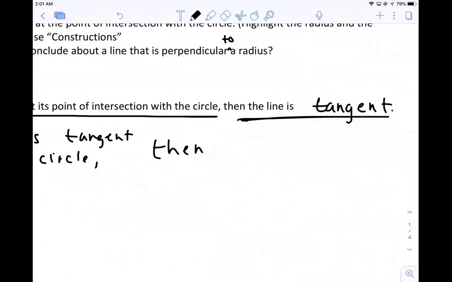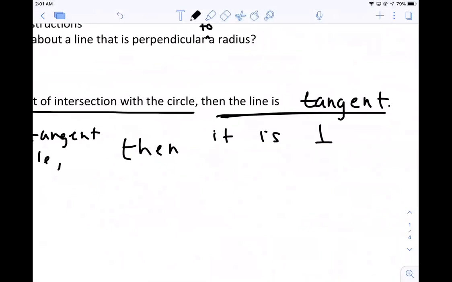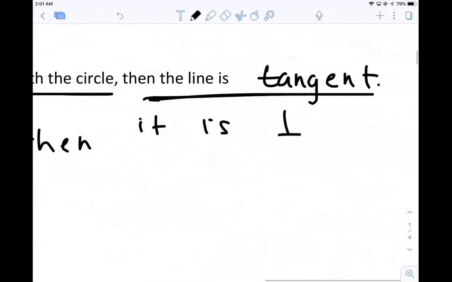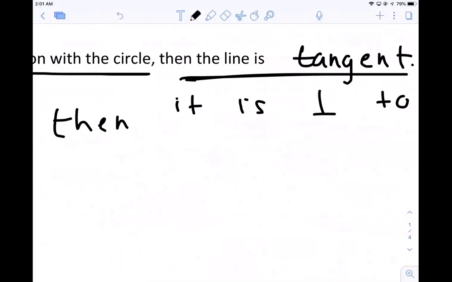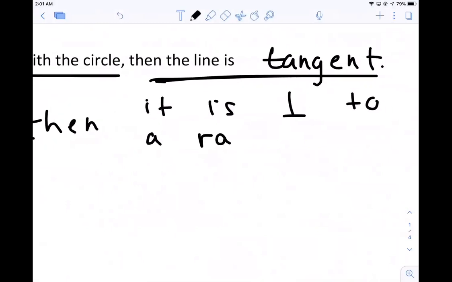Then it is perpendicular to a radius. So there's only one radius that it's perpendicular to.